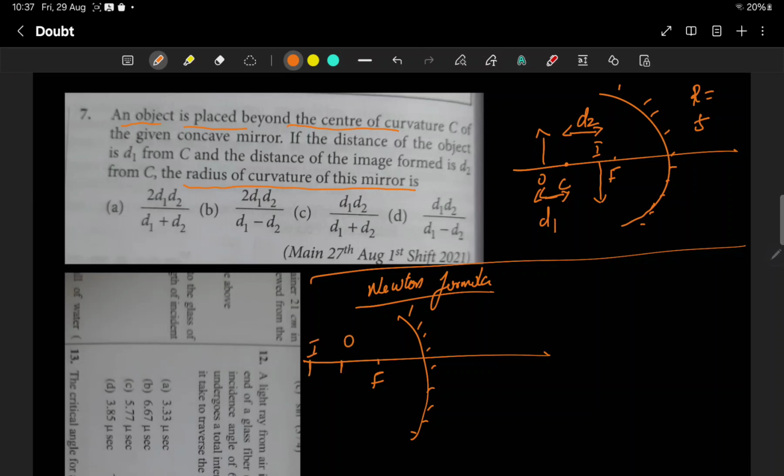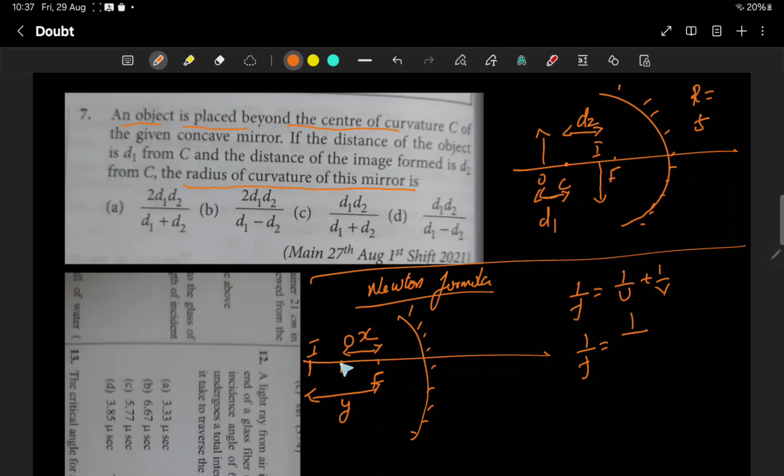Now if from the focus the object distance is x, and the image distance from the focus is y, then 1 by f equals 1 by u plus 1 by v is applicable.